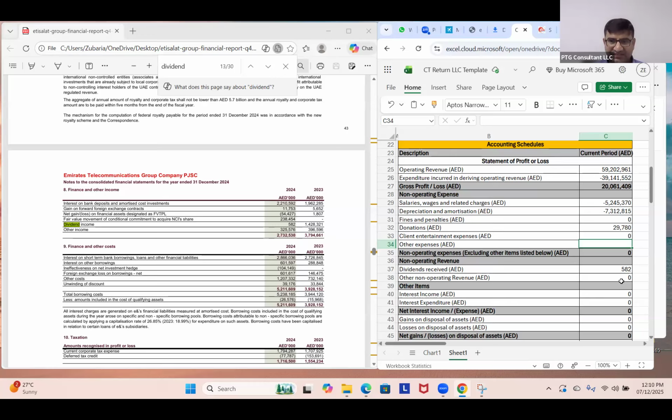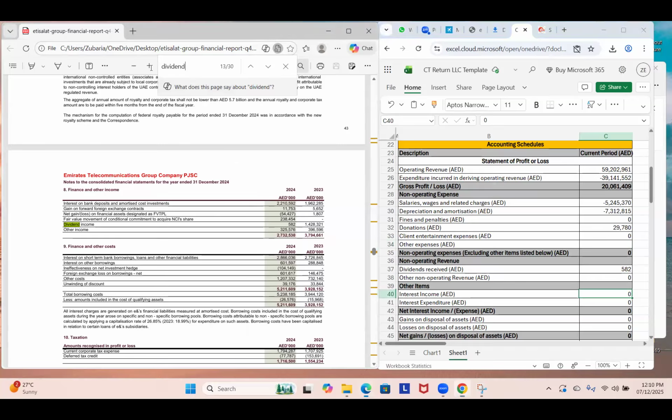Okay, the next. The dividend we already added over here. Below is shown the interest income and interest expense. Yes, Hasnan, please unmute. Interest income. There is one note on page 53, if you can open, investment in associate and joint venture. There's a figure mentioned there as a dividend received during the year. So can Zubaira check it there?